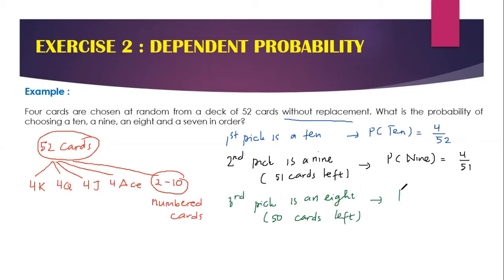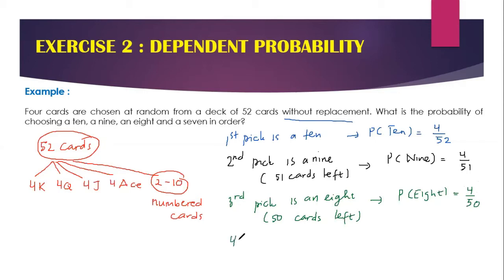So the probability of an 8: how many number 8s in every group? In every group there is 1 card, but there are 4 groups for number 8. So the probability is 4 over 50.